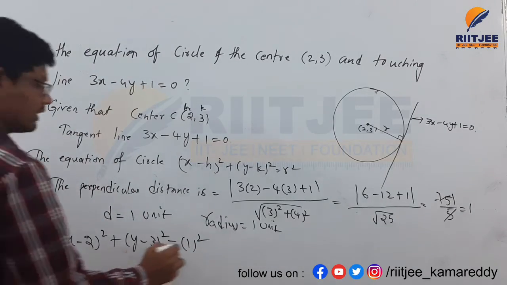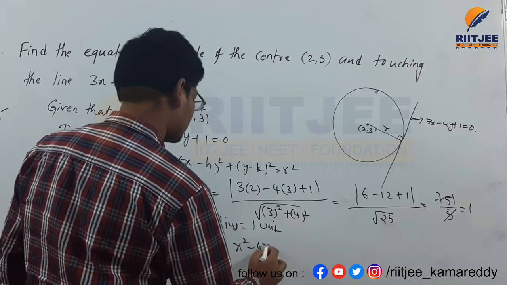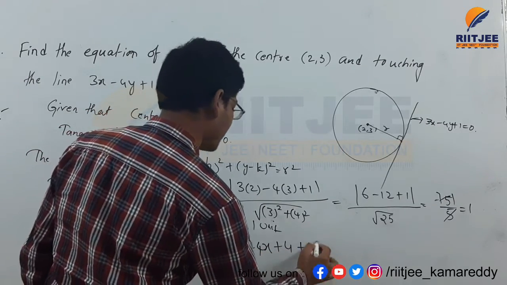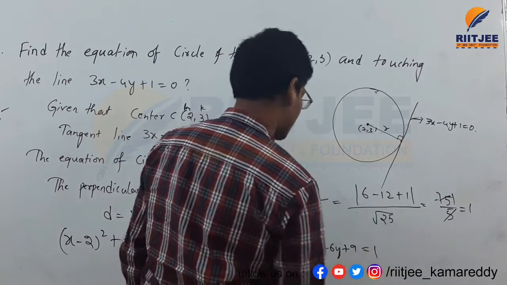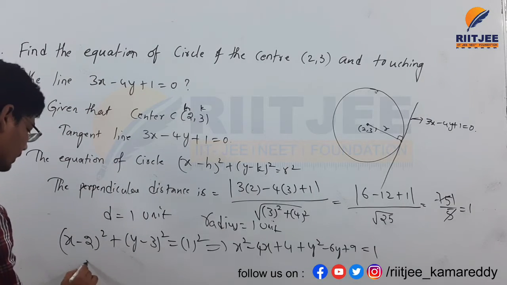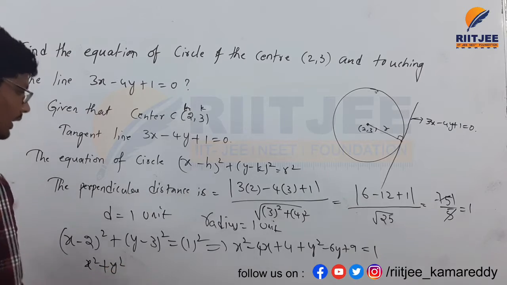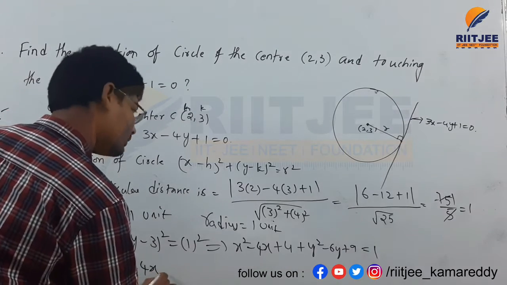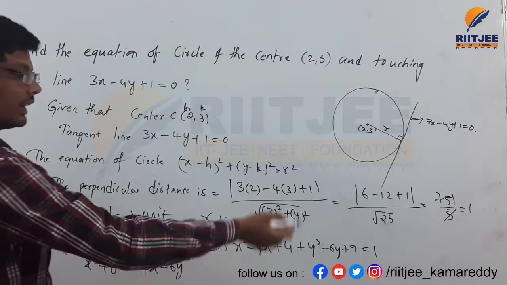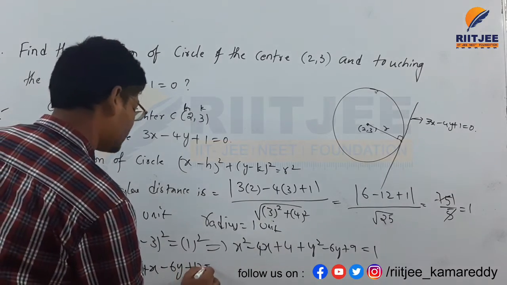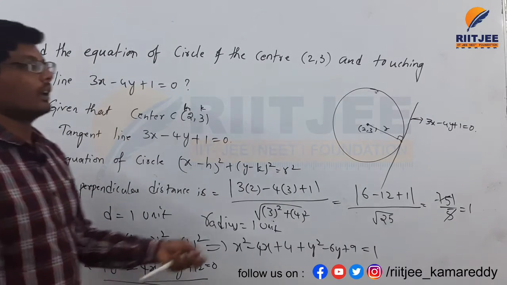Simplifying, x square minus 4x plus 4 plus y square minus 6y plus 9 is equal to 1, so x square plus y square minus 4x minus 6y plus 13 minus 1, that is plus 12, is equal to 0.